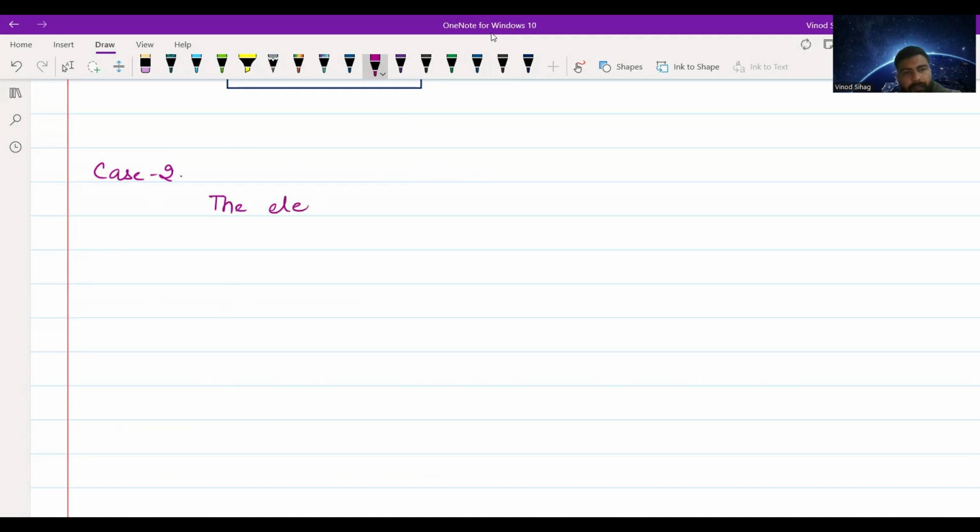The electric field at a point, or we can write at an equatorial point, at equatorial point.